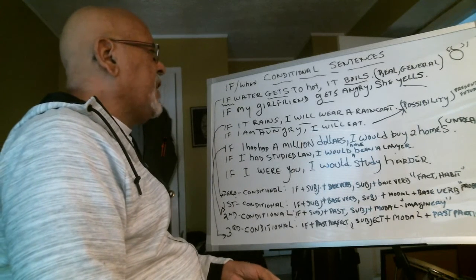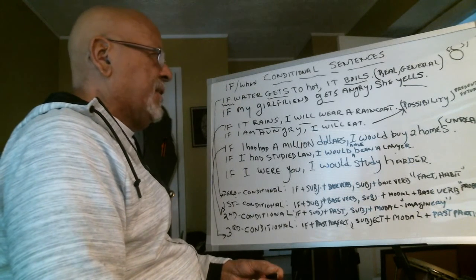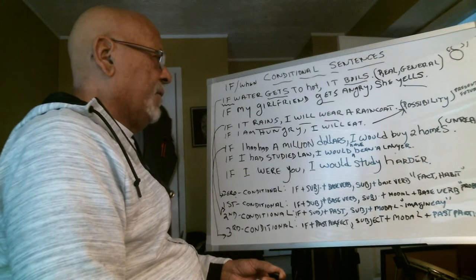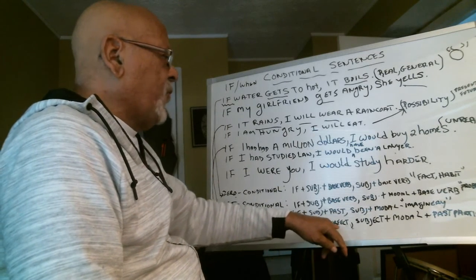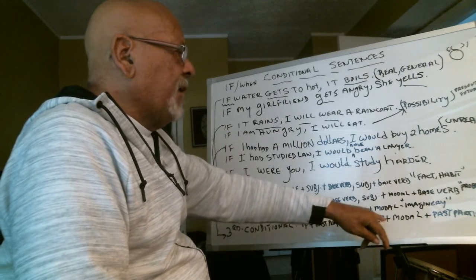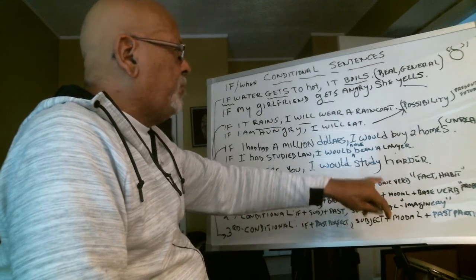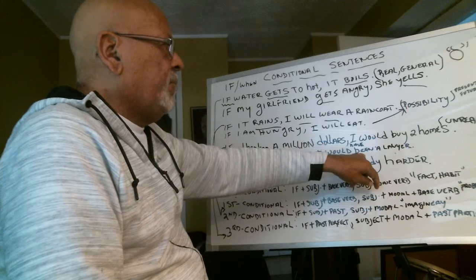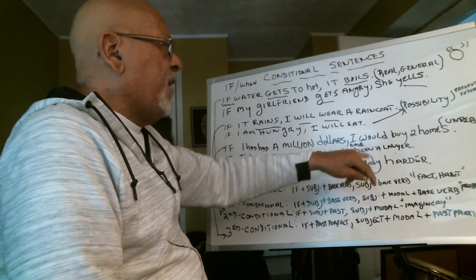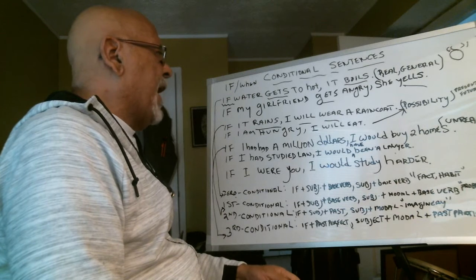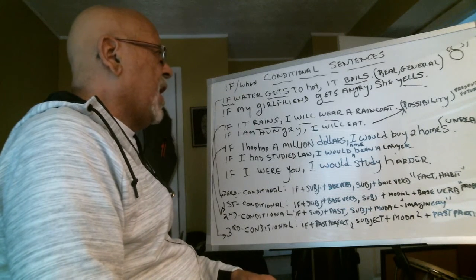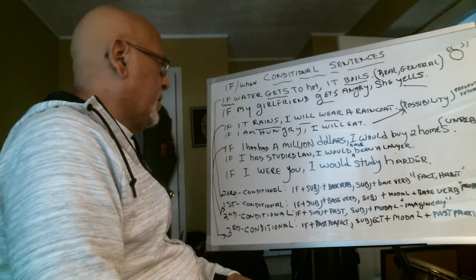If I had studied law, I would have been a lawyer. That's the one that is the past perfect, subject plus modal plus past participle, have been. If I had studied law, I would have been a lawyer.